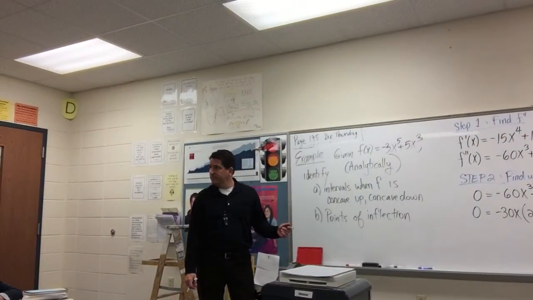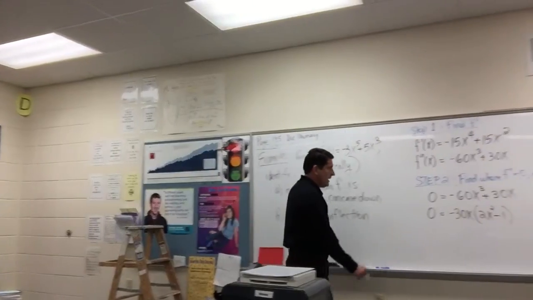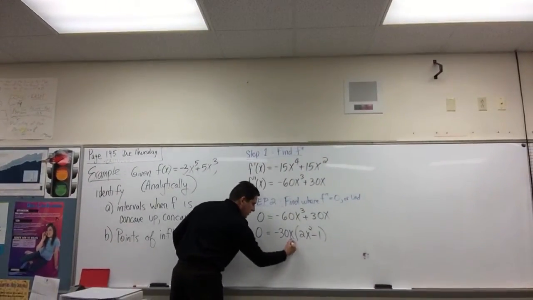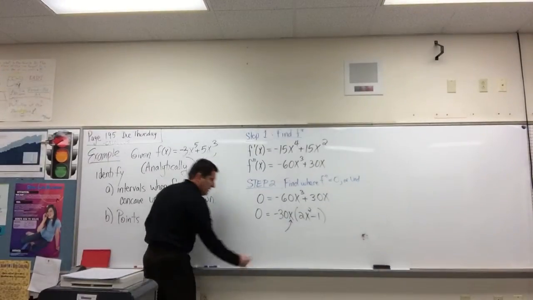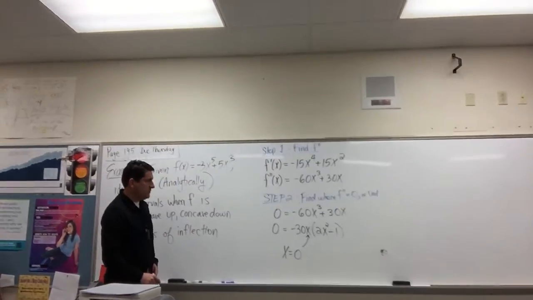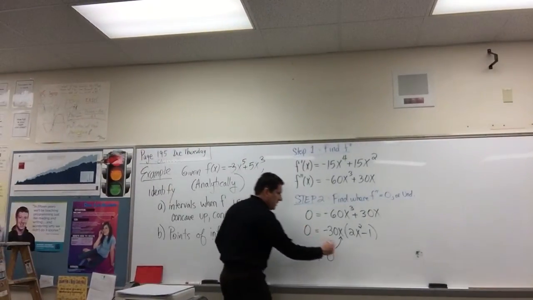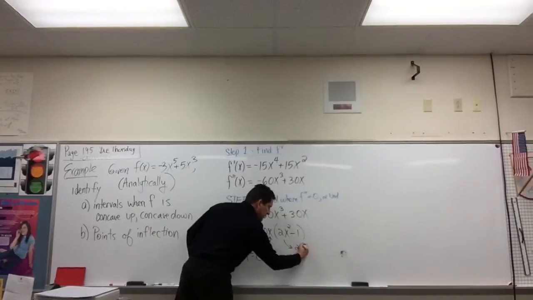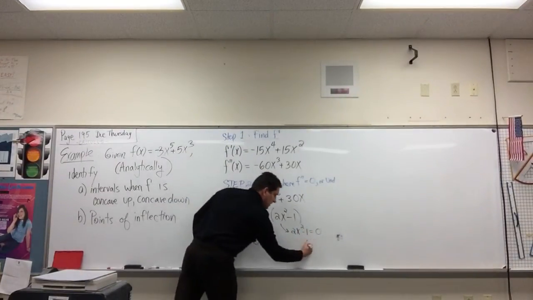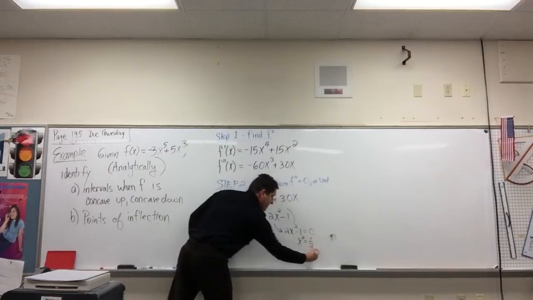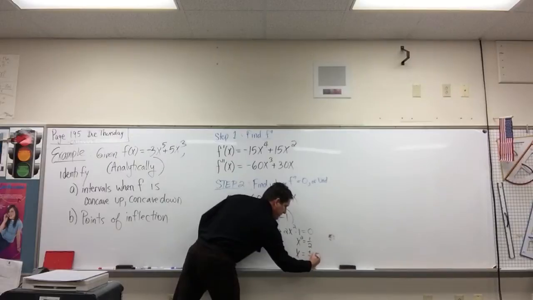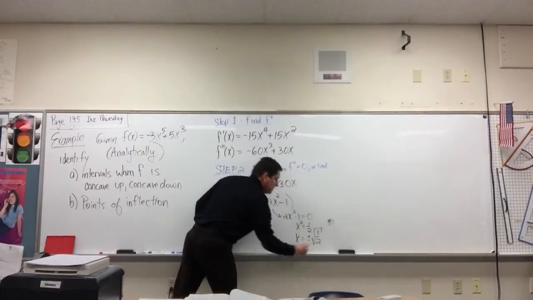Everybody agree with that? So now it's in factored form, so we can go ahead and solve it. From this one right here, we get x equals 0. If x were 0, the equation would be 0. From this one, we've got to do a little solving. So 2x squared minus 1 equals 0. x squared equals a half. And then x equals plus or minus the square root of a half.